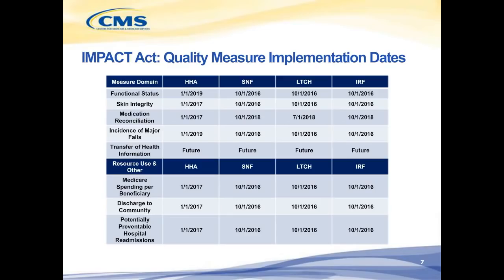As you see on this slide, there are specific quality domains that must be implemented by statutorily required dates, and those include functional status, skin integrity, measures on medication reconciliation, the incidence of major falls, the transfer of health information, as well as measures on Medicare spending per beneficiary, discharge to community, and potentially preventable hospital readmissions. Most of these measures have been implemented or they will be implemented shortly, as noted by the dates on the right. Next slide, please.